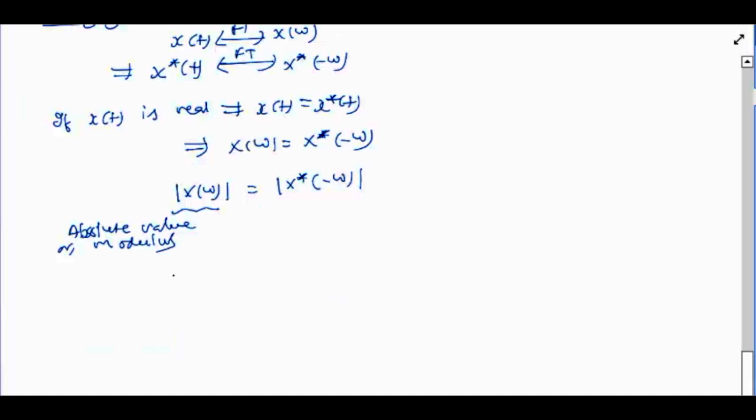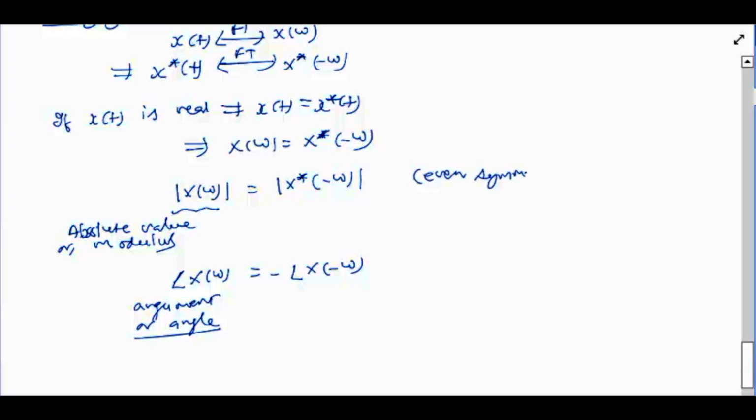Similarly, the angle of X(omega), often also called argument of X(omega), is equal to negative of the argument of X(minus omega). So this is called argument or angle. Right. So we see that modulus or absolute values have even symmetry, whereas angles have odd symmetry.